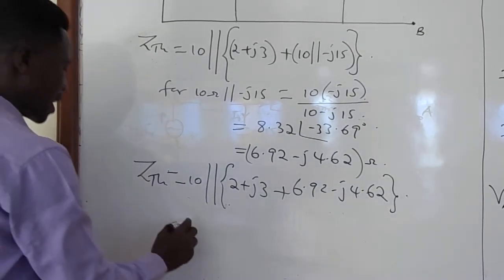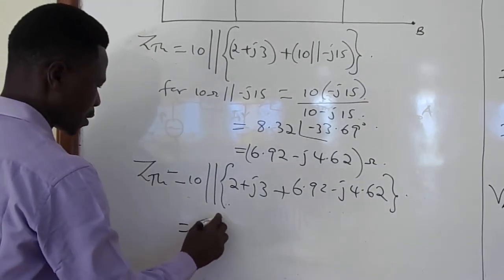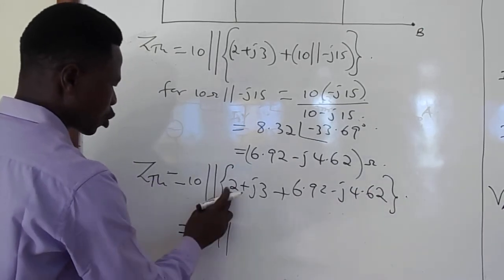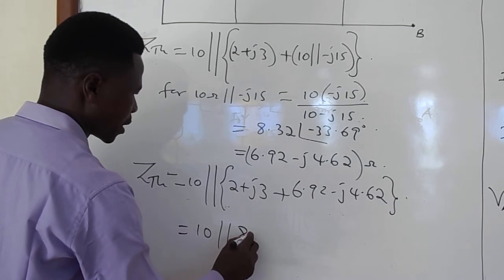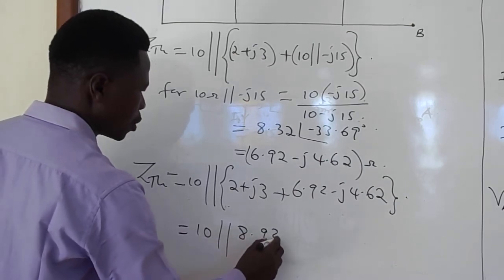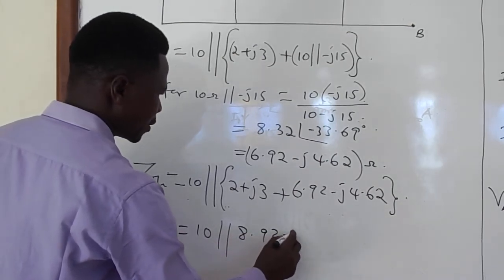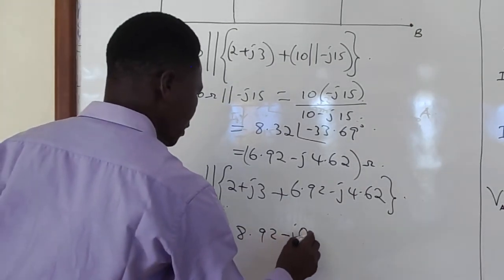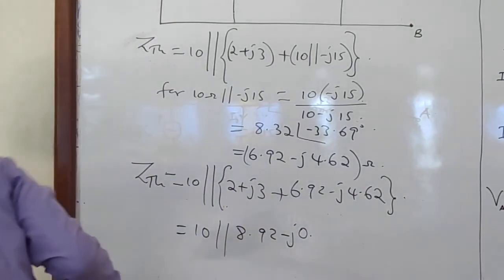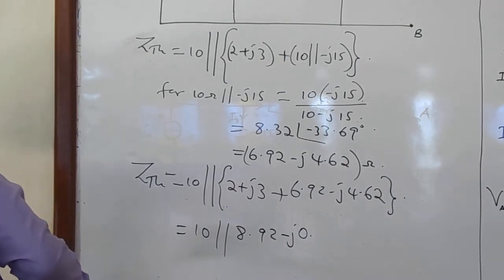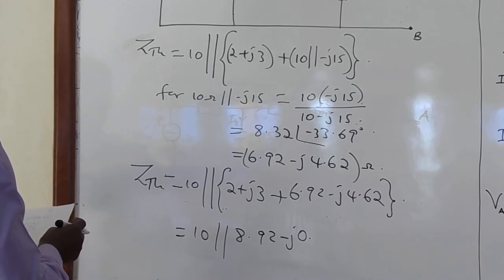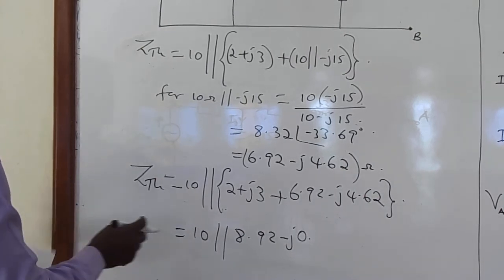So that the result on the right hand side will give us 2 plus this, that is 8.92 minus J0.